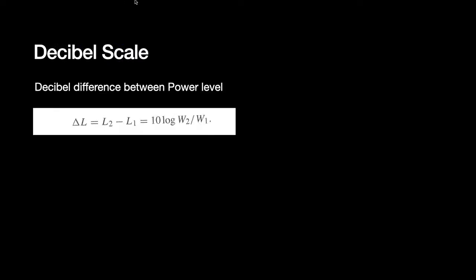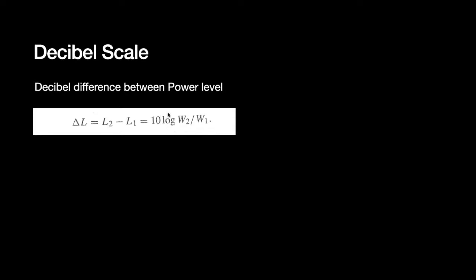So going ahead, decibel scale, it is the difference between two power levels. So if there are two sound sources, one having the power W1, the other one having the power W2, then the difference between their power levels, delta L, which is L2 minus L1, is defined as 10 log W2 by W1.